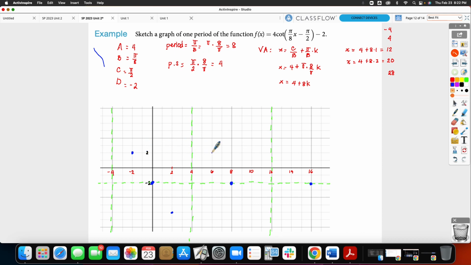Now these points are repeated on the other end. So we have a point here, another point here, then another point here. See the pattern? And then we connect.